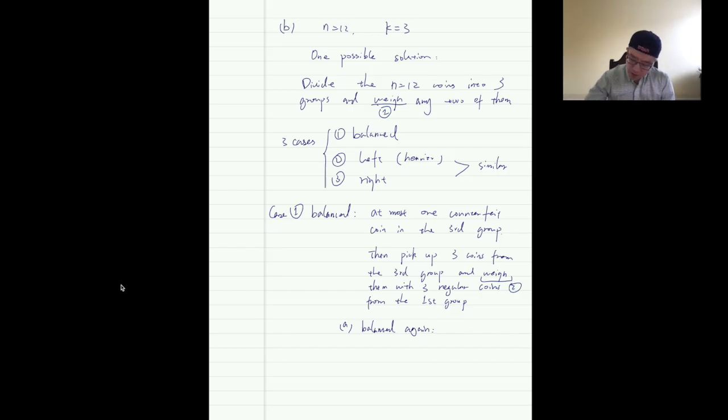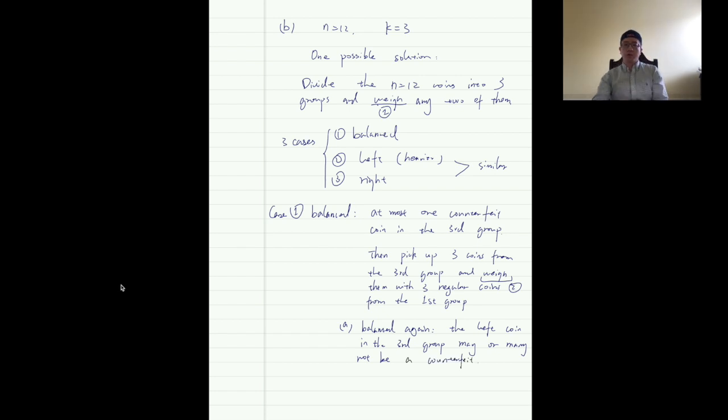So this basically means that the left coin in the third group, there's only one left, right? In the third group, it may or may not be a counterfeit coin.